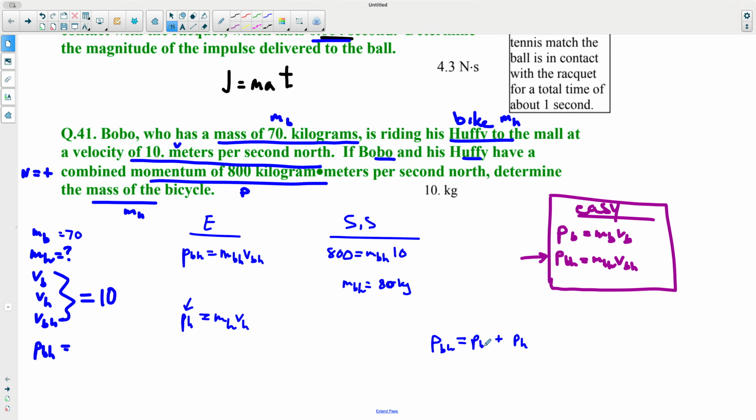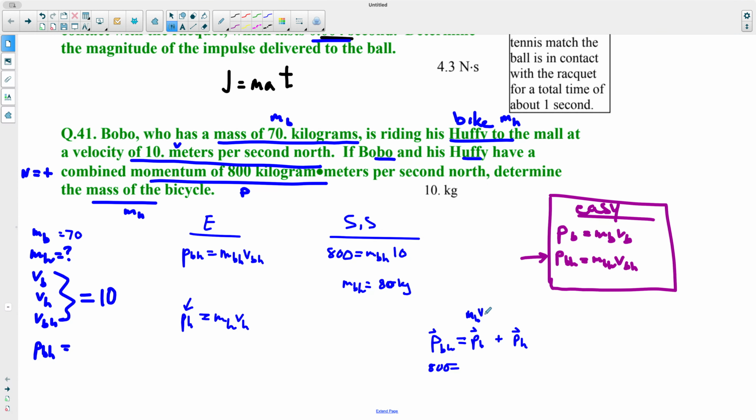We did this actually in conservation of momentum. You have to add them. Momentum sums. It's a vector sum, but these two are moving together, so you don't have to worry about different directions. And so this one was 800 equals, well, the momentum of Bobo you could easily figure out would be mass of Bobo times the velocity of Bobo.